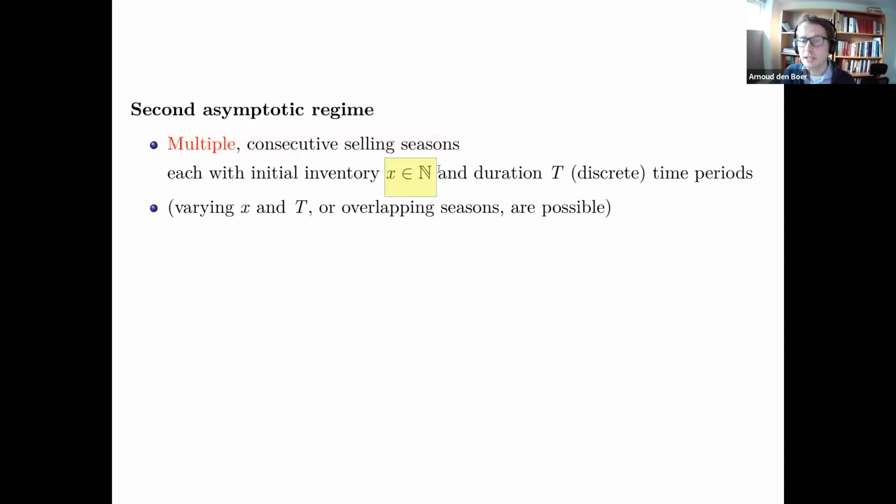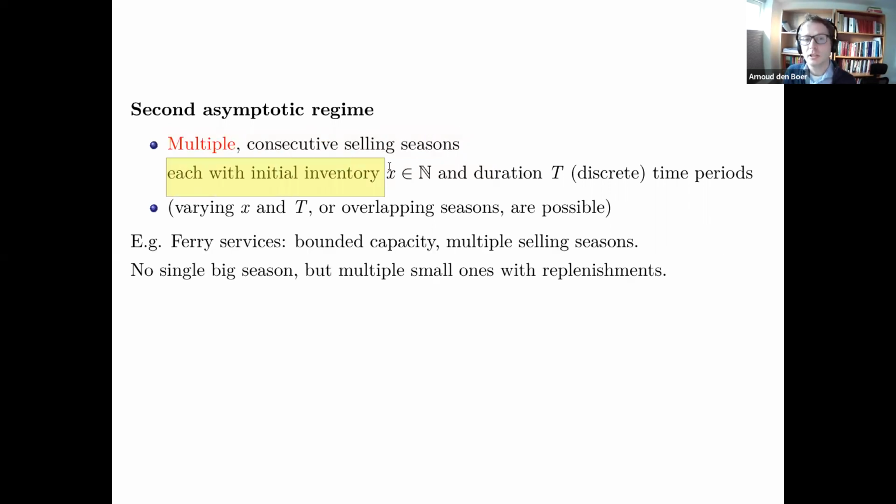The inventory doesn't scale, it is just fixed, and the selling seasons just restart. To begin with, we assume that these selling seasons all have the same initial inventory and the same duration, but you can extend this to be different. They are consecutive. They can also be overlapping, but that just complicates the notation for this presentation. So let's assume they do not overlap.